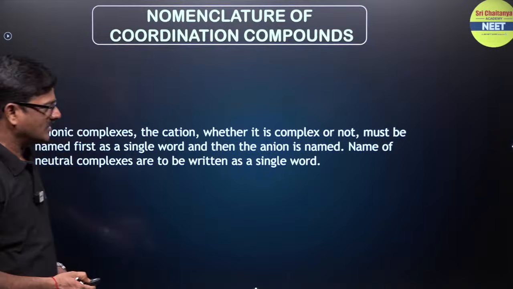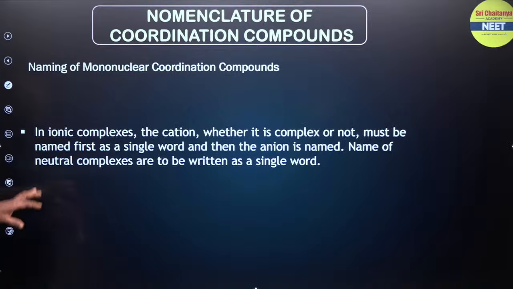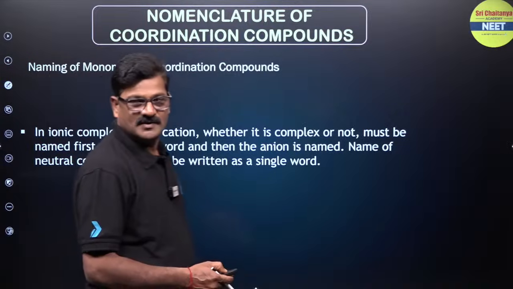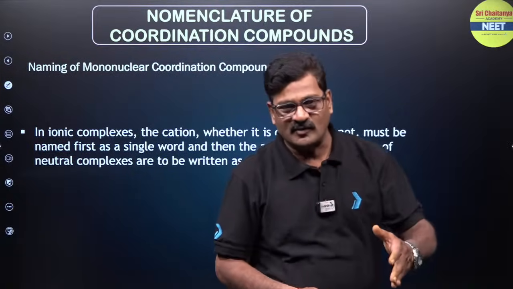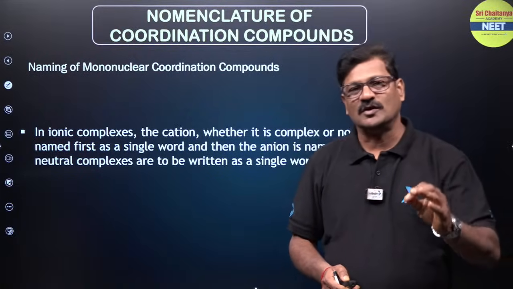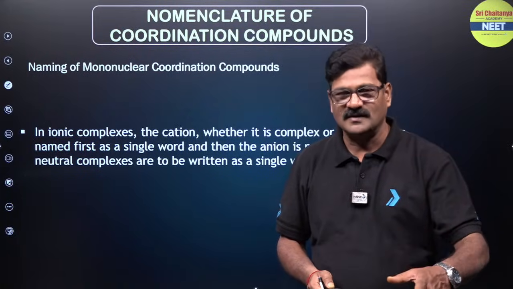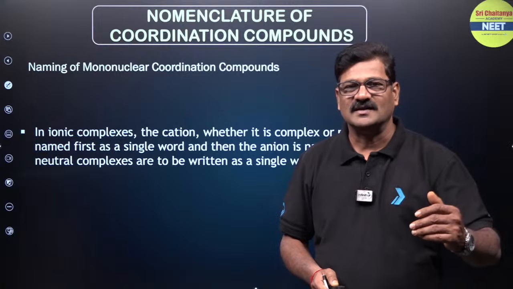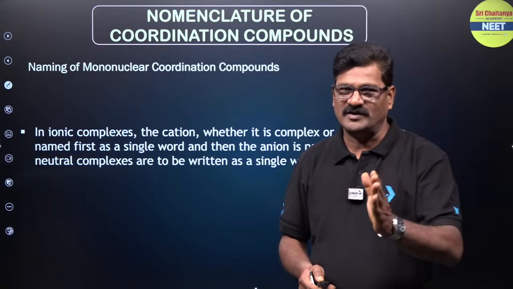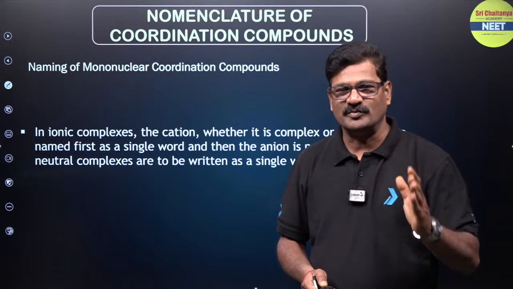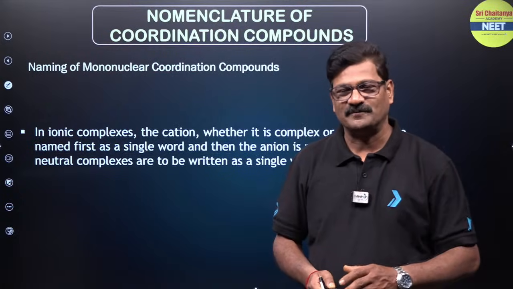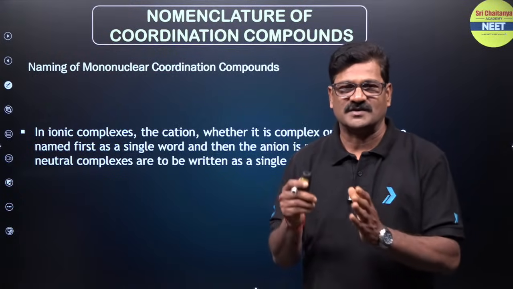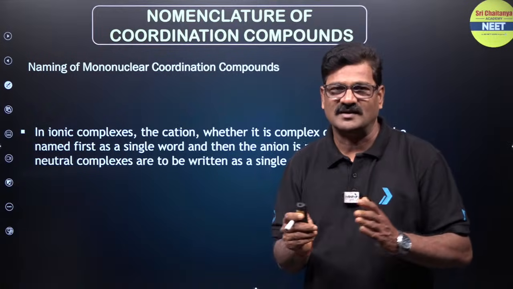That's good. Now let us see one more, naming the mononuclear compounds. Whenever we do IUPAC nomenclature, we will have to learn the mononuclear complexes. Based on the coordination entity, it could be negatively charged, positively charged, or neutral. Whatever you see, first the cationic part is named, then the anionic part.